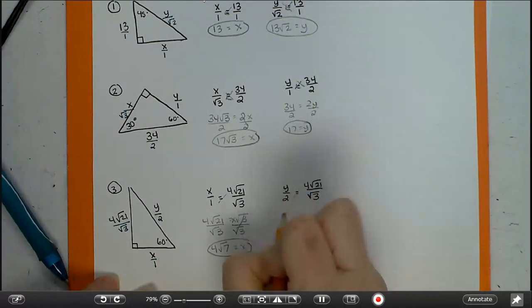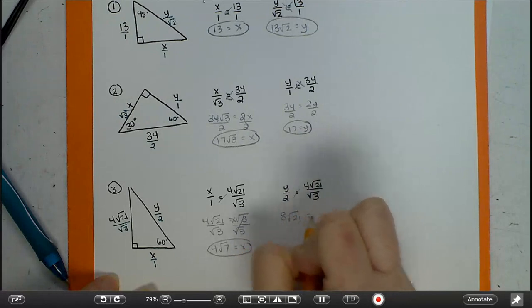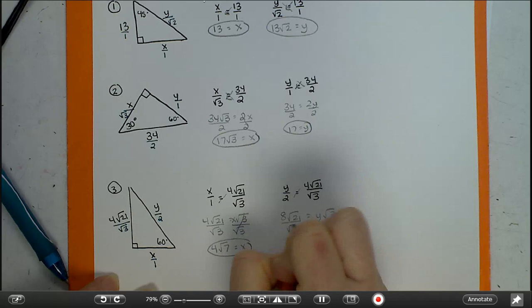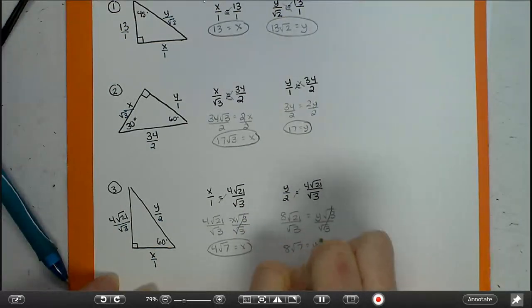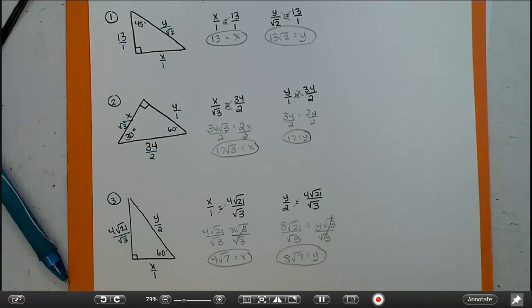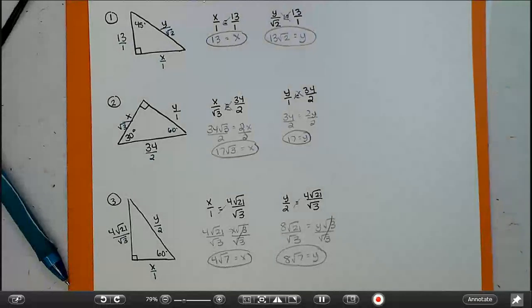Cross multiply. 8 root 21 equals y root 3, and divide. And you can see that these ratios stay very consistent as we go.